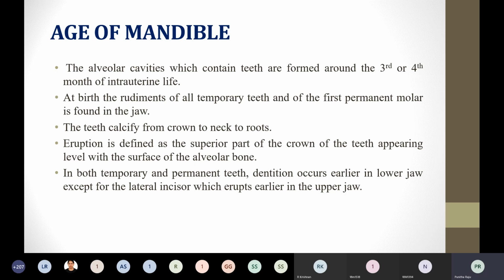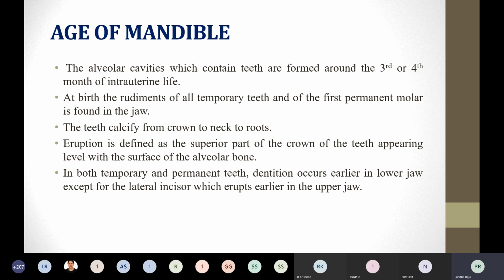It first erupts in the lower jaw on the left and then on the right side. Everybody would have experienced wisdom teeth. Wisdom teeth are nothing but the third molar, which erupts at 17 to 25 years. First it erupts in the lower jaw on the left side and later on the right side.